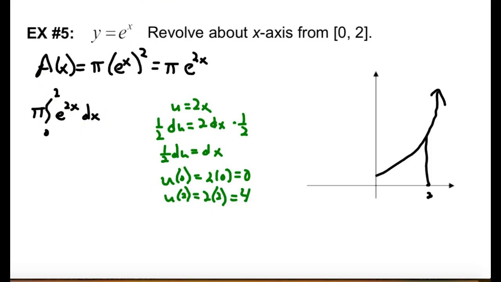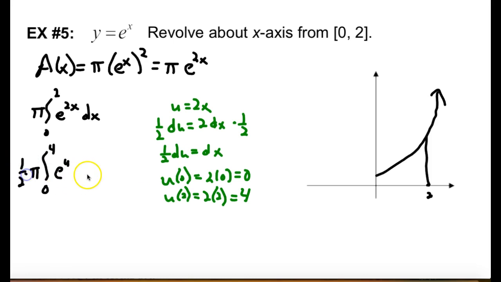So I can change this entire problem to be a u substitution problem. So if I do my u substitution here, my new bounds are 0 and 4. That pi will still be out front there, but then I will have e to the u times 1/2 du.